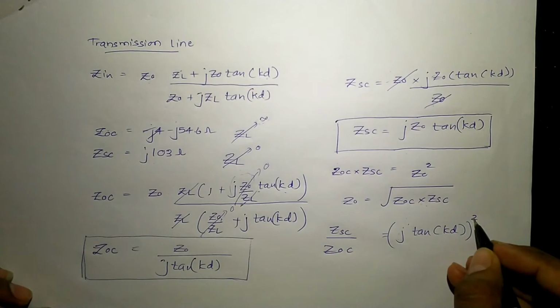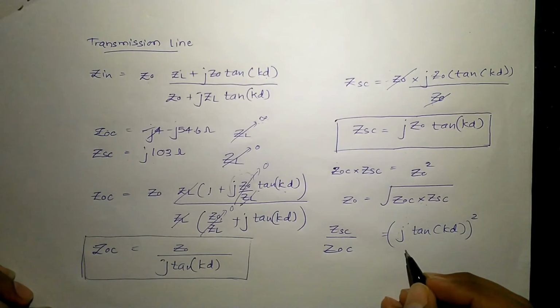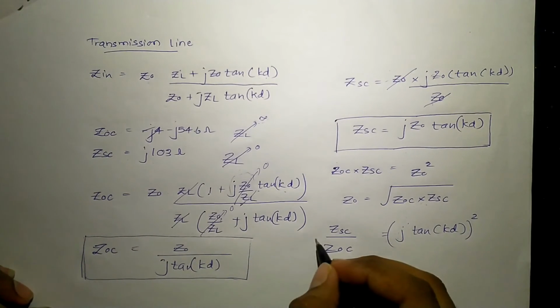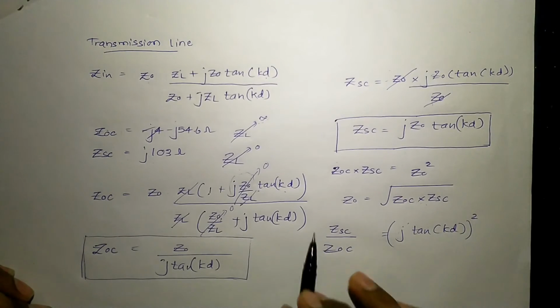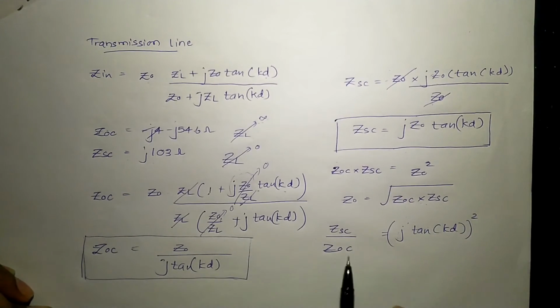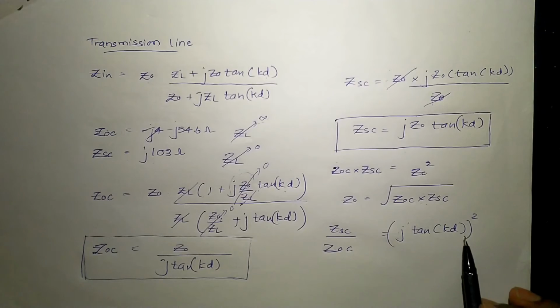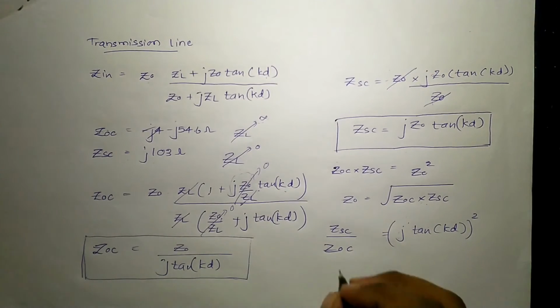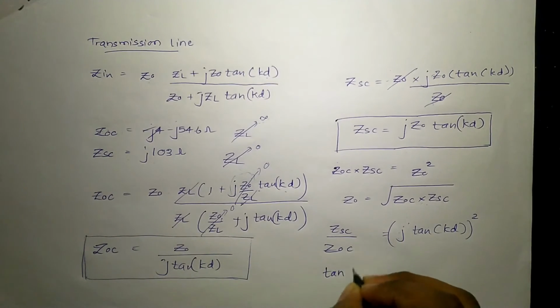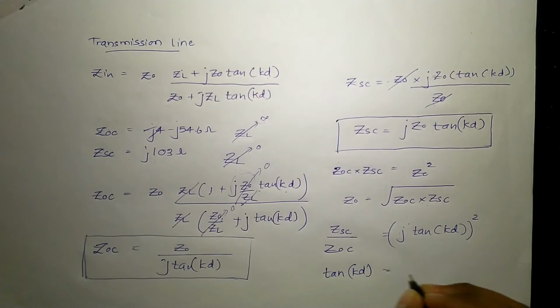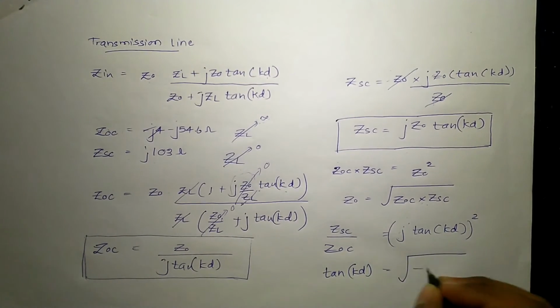The j squared is taken as minus 1. So that minus 1 is taken to the other side, and minus ZSC over ZOC is equal to tan squared KD. So tan KD is equal to root of minus ZSC over ZOC.